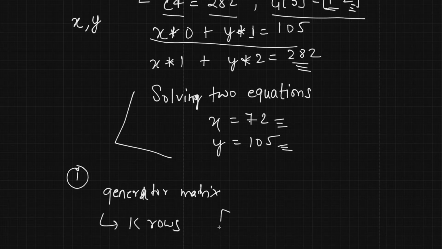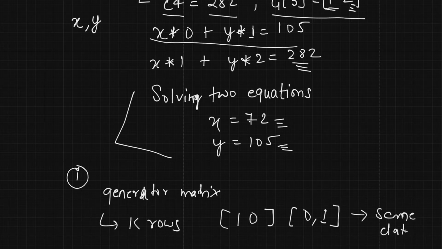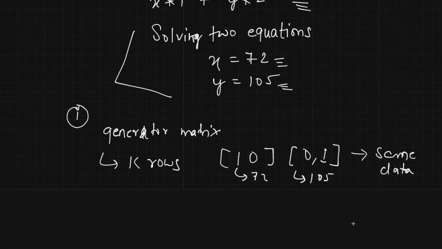As you saw, it was 1 0 and 0 1, which is called an identity matrix, which gives me exactly the same data. From here you can see I got 72, and from here I got 105. So this is the identity matrix.